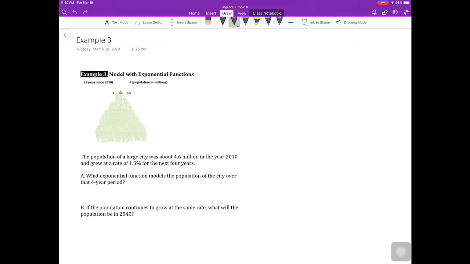What exponential function models the population of the city over a 4-year period? So when we're thinking about a growth rate of 1.3%, first of all, 1.3% is the same as 0.013 as a decimal. So you've got to change your percent into a decimal.